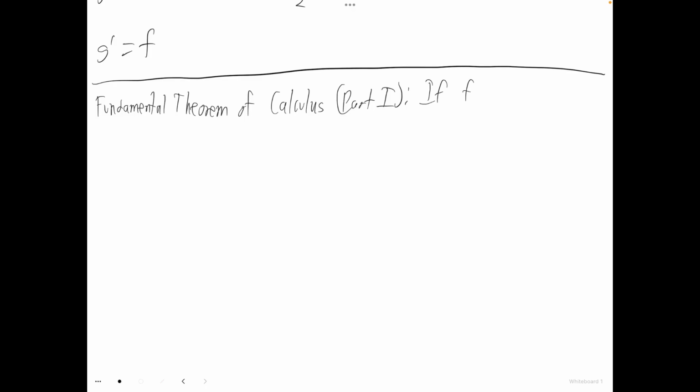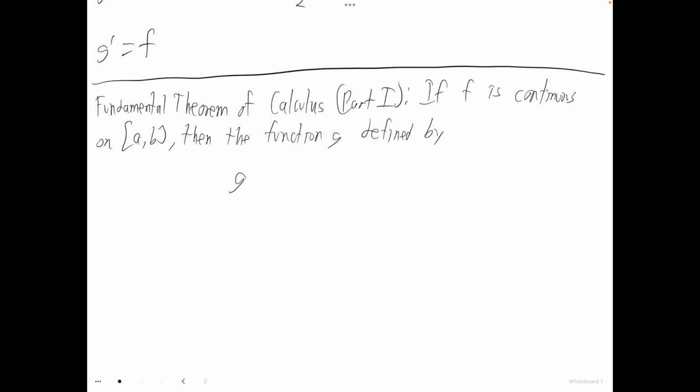Now, if f is continuous on a closed interval a to b, then the function g defined by g of x equals the integral from a to x of f of t dt for a less than or equal to x less than or equal to b.